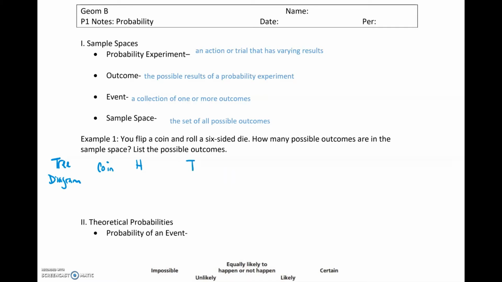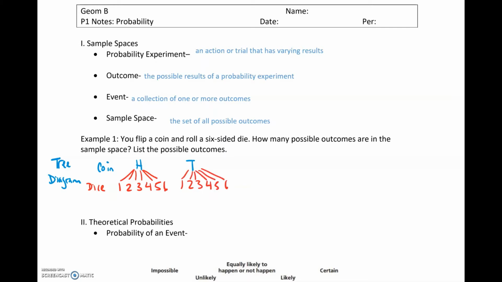But after we flipped our coin, we're also going to roll the dice. So afterwards, we're going to go ahead and roll our dice. And what are the outcomes of the dice? Well, we can roll a 1, 2, 3, 4, 5, or 6. And we can roll a 1, 2, 3, 4, 5, or 6 after we flip a heads. But we can also roll a 1, 2, 3, 4, 5, or 6 after you flip a tails.